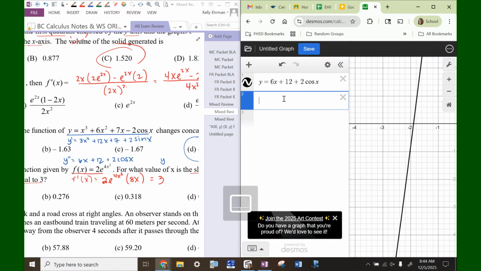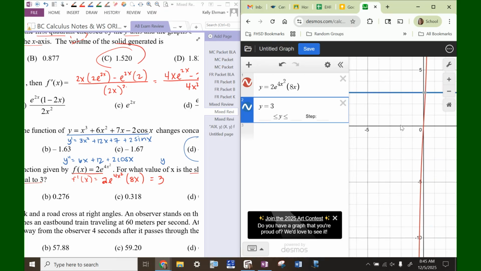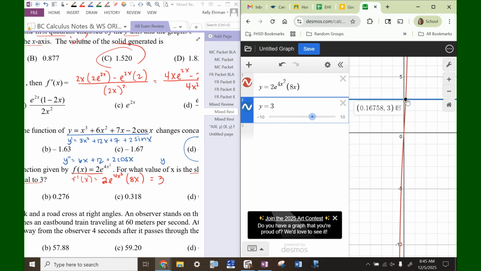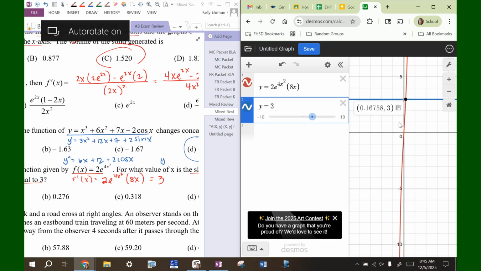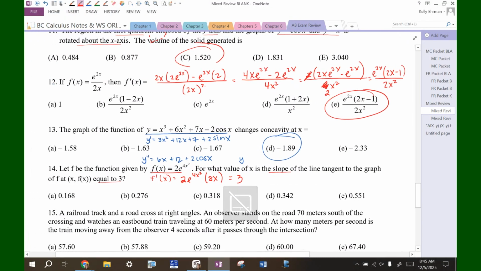And the beauty of solving by graphing, or solving with Desmos, is that it's usually pretty easy. So let's do 2e to the 4x squared times 8x. We want that graph, and we want to graph y equals 3. And we want to see where these intersect. And it is 0.168. Let's see if that's an option. It's option A.